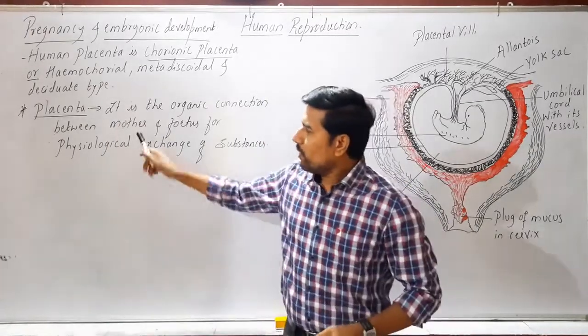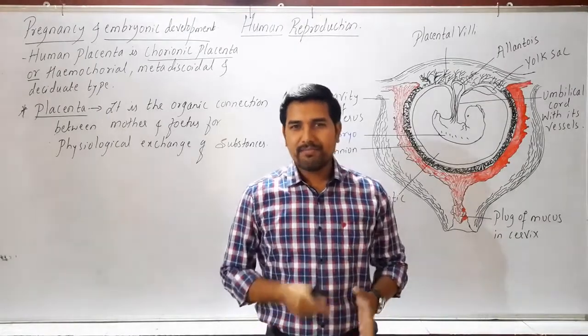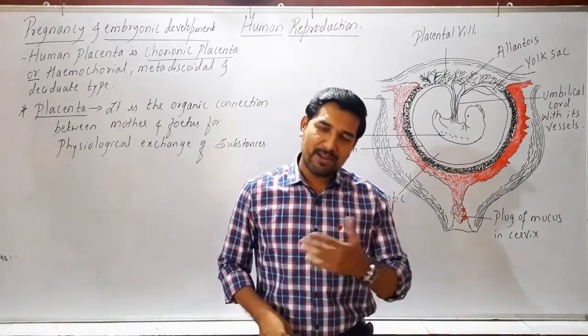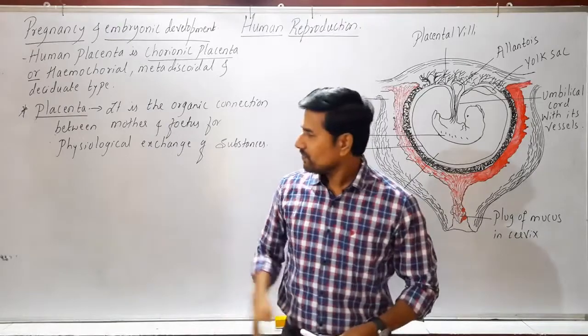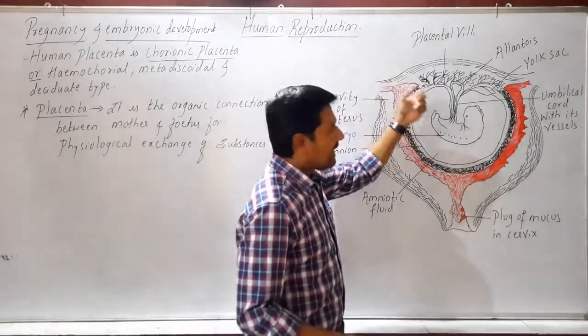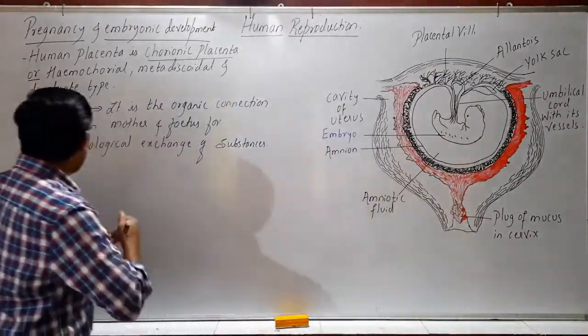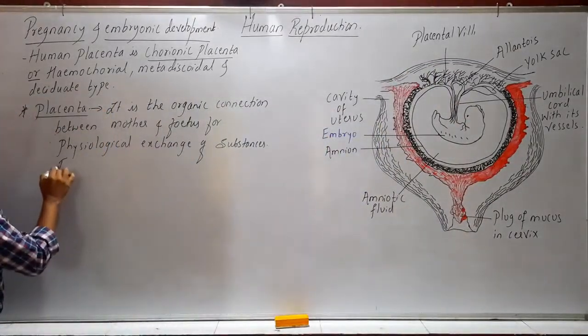Okay, then when we come across the placenta, first let's look at the major functions of the placenta. Then we'll look at the hormones of the placenta. Now the placenta, as we say, is the organic connection between mother and fetus for the physiological exchange of materials. Then what is the major function of a placenta?